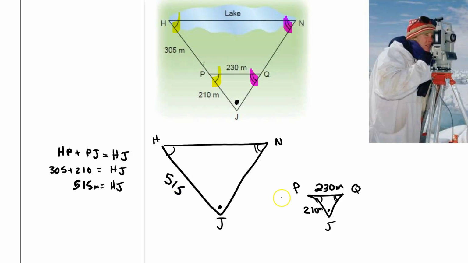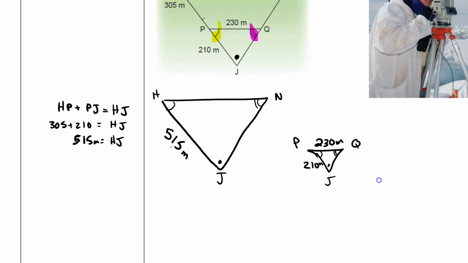So luckily we have similar sides, or corresponding sides, so that we can create a scale factor. So I need to know what I multiply 210 by to get to 315. So I need to use ratios for that.